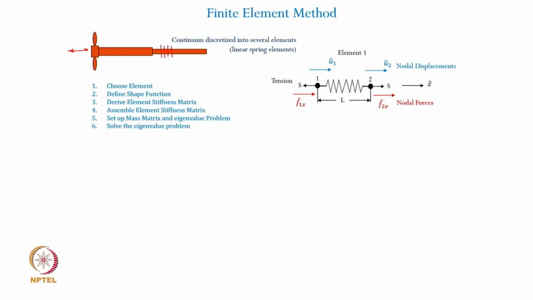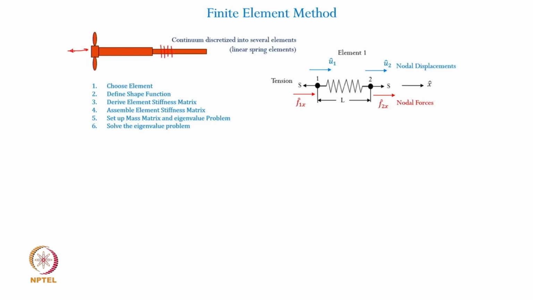But since this is a very small subset of the basic vibration theory, we are not going into too much detail of the finite element method per se. As I said, it is itself a separate subject, and for any further detailed discussion, you are expected to refer to dedicated books on the finite element method.